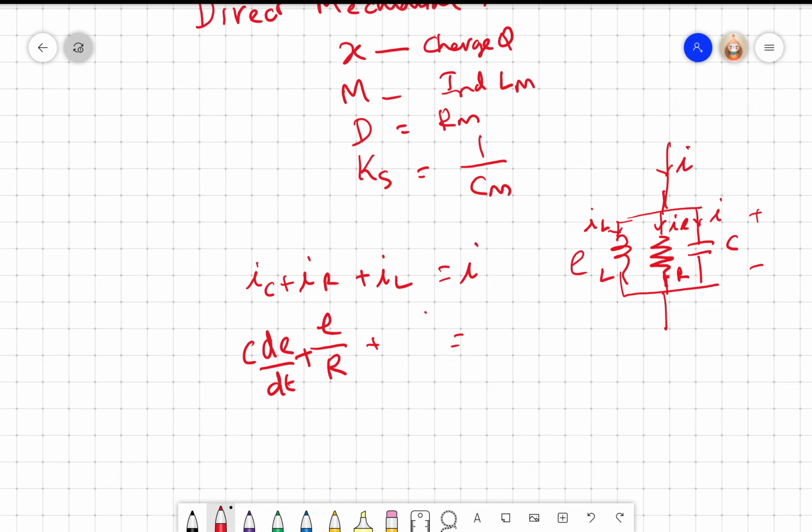So this will be 1 by L integral E dt, right?